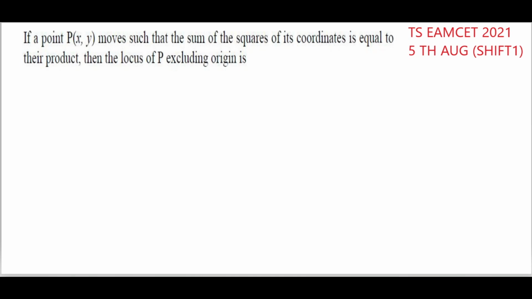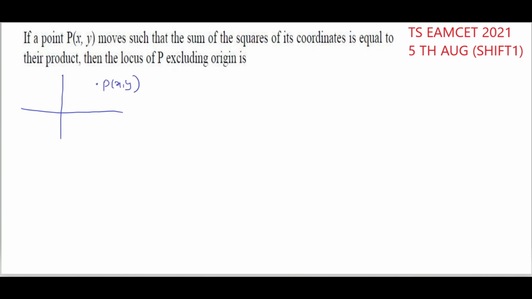If a point P(x, y) moves such that the sum of the squares of its coordinate axes distances is equal to their product, then the locus of P excluding origin is. We know that these are the x-axis and y-axis. Here P(x, y) is given.